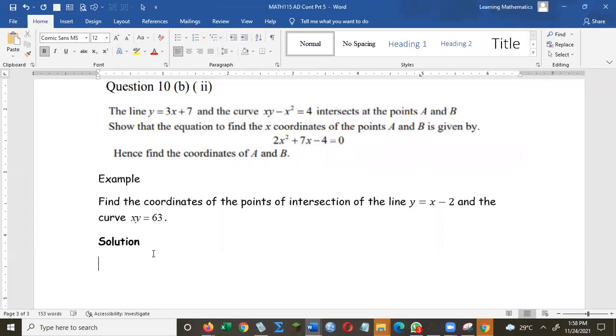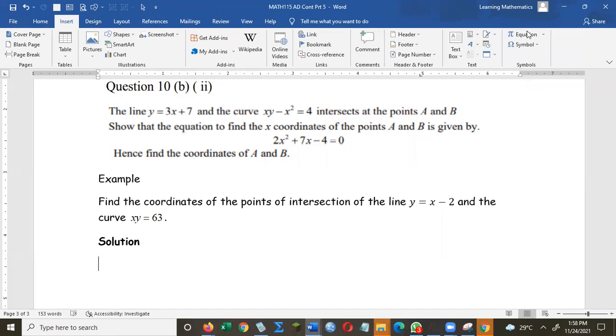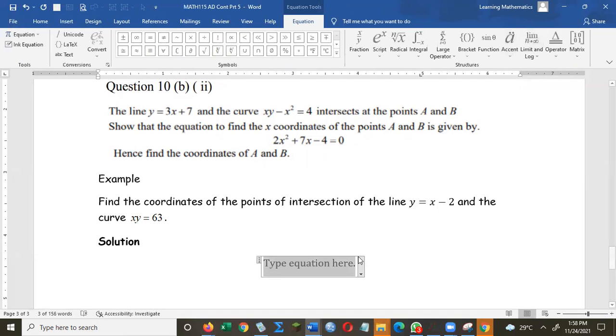So therefore now let's do this. What you do in a situation like that, the first thing you do is to substitute y into the place of this expression. So you have x, y is equal to 63.